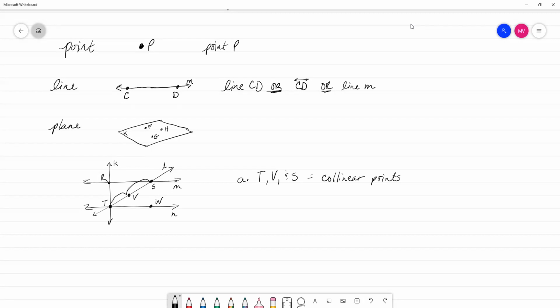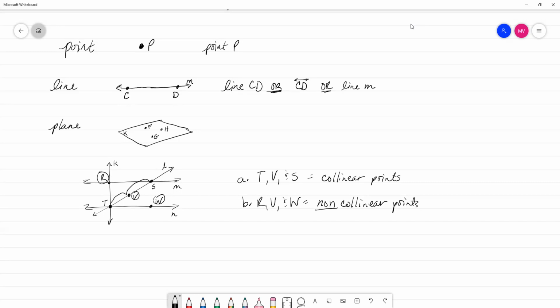So if you look at example 2 again, you have R that exists on line K and M, and then you have V, which only exists on line L, and W that only exists on line N. So R, V, and W are non-collinear points. And then lastly, we have 3 concurrent lines.